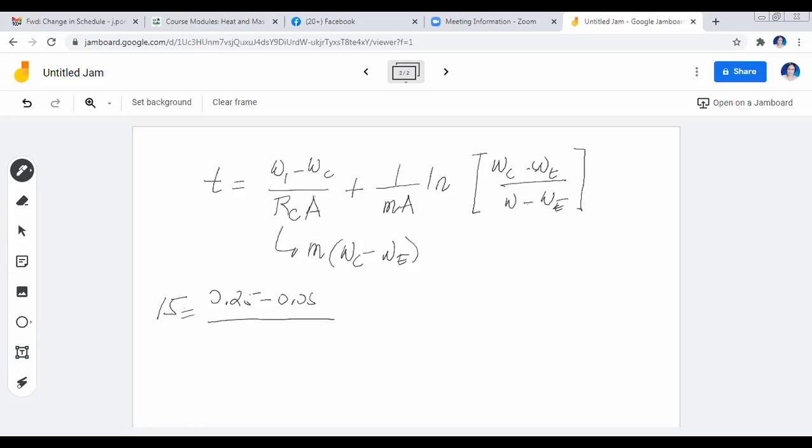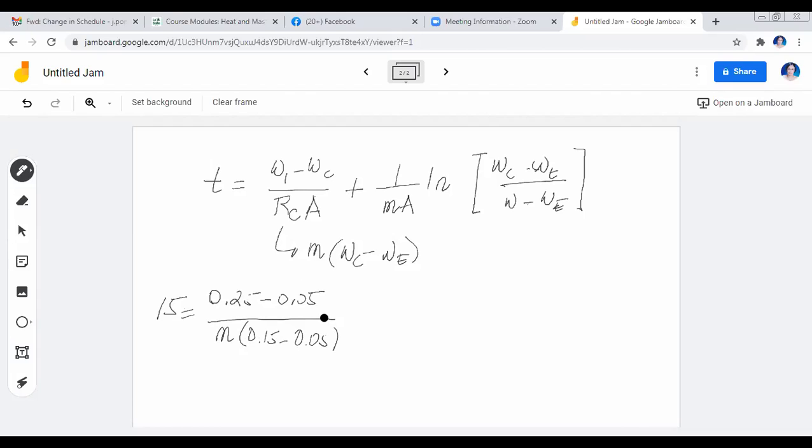And your denominator will be the mass, and the critical moisture content, which is 15, and the equilibrium moisture content, which is 0.05.